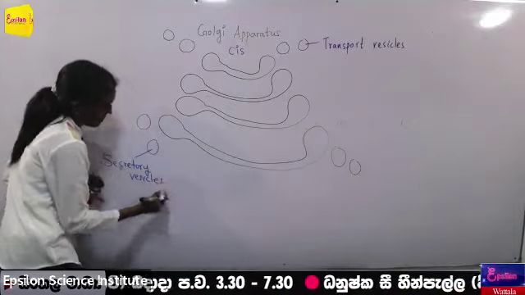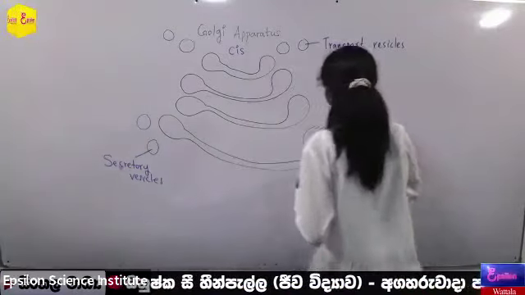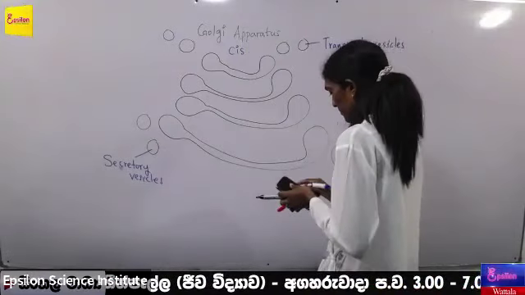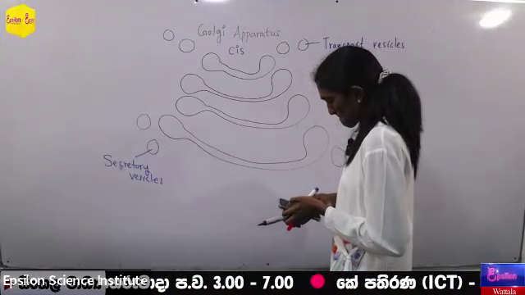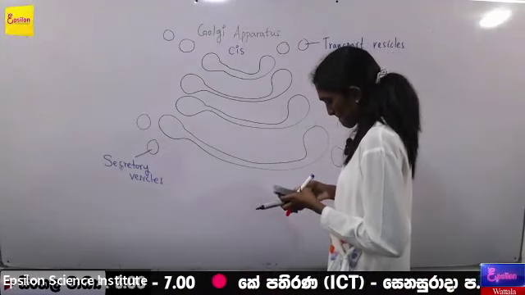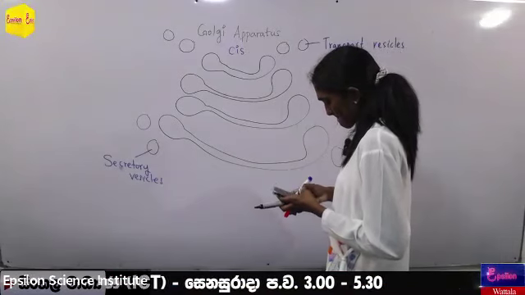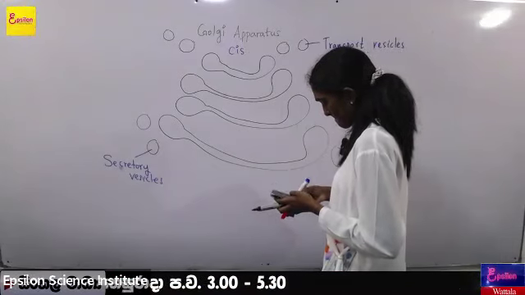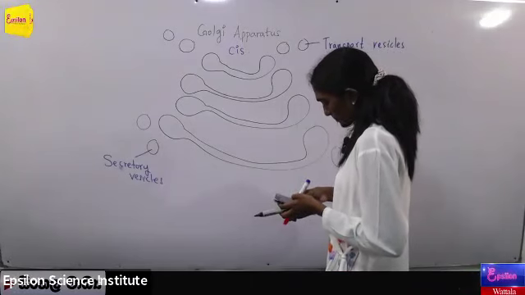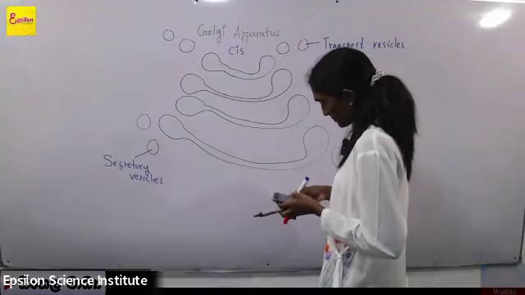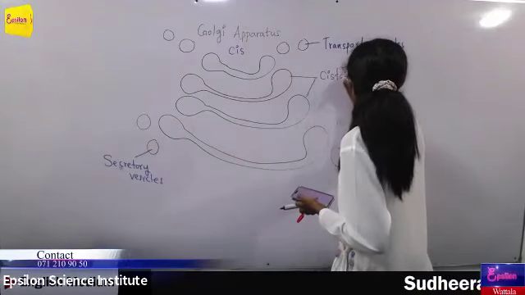These sac-like structures we call cisternae.